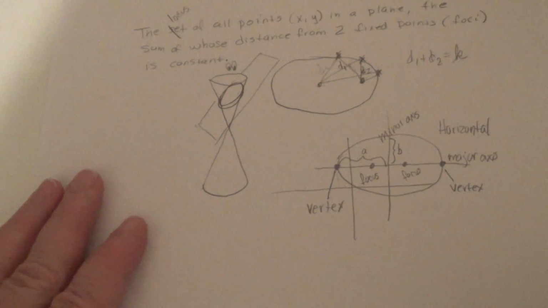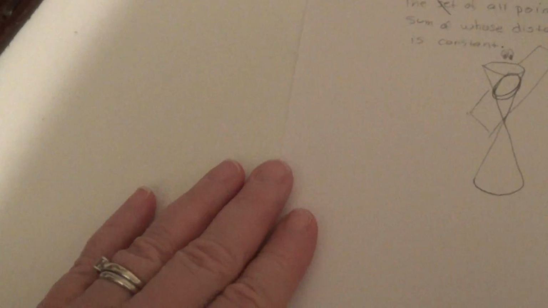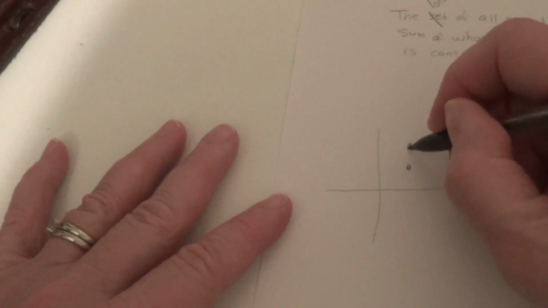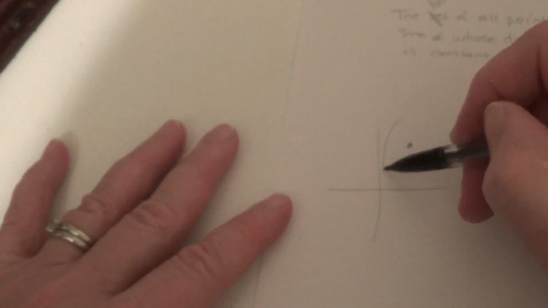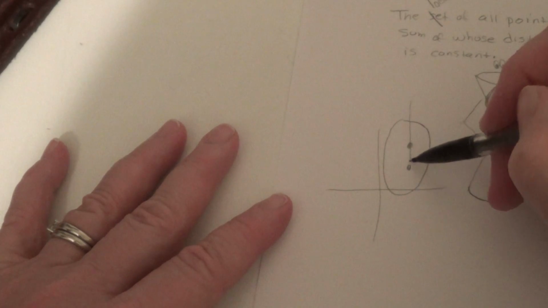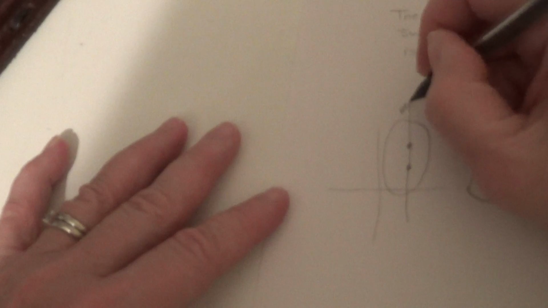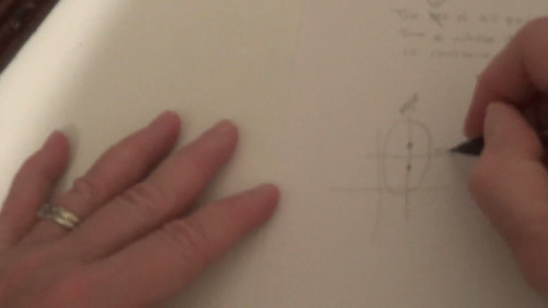Now let's look at the other way it could go. Put it over here. Say the foci were like that. Then the ellipse would be a vertical one. The major axis, which connects the two foci, would be here. The one that cuts right in half between the two foci is the minor axis.